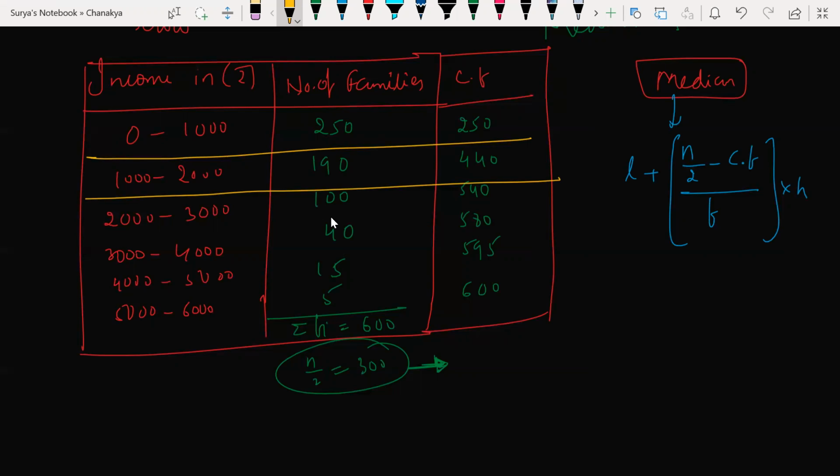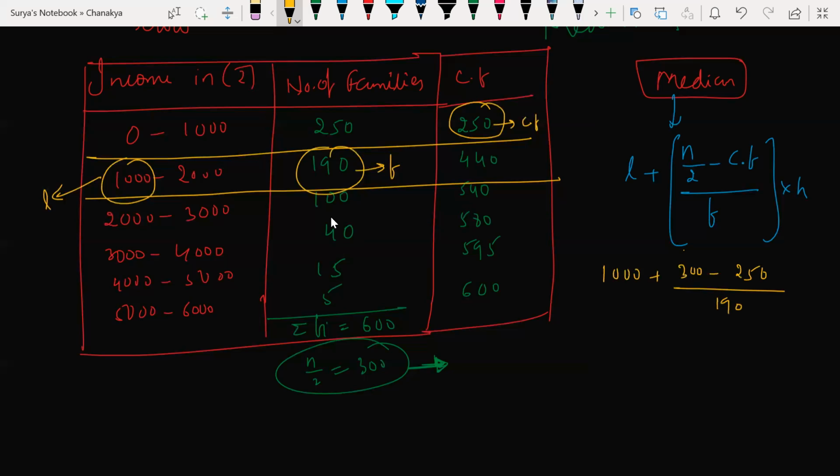Now the cumulative frequency preceding the median class is my CF value. This is my F value, and this is my L value. Substitute: 1000 plus (300 minus 250) divided by F, which is 190, into H, which is 1000.